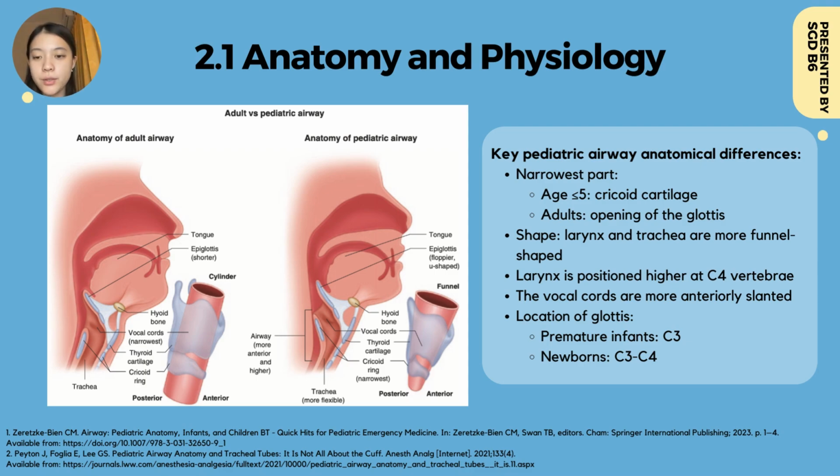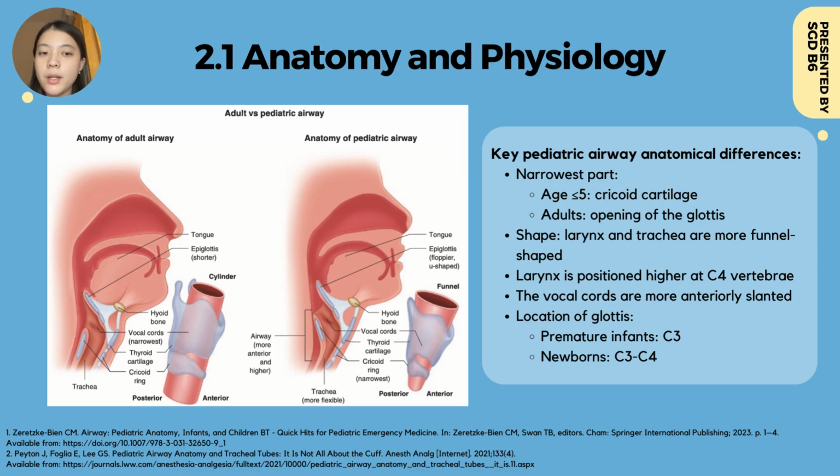My name is Jinkar Susteja with the last digits 080, and I'm going to explain the anatomy of the pediatric airway. There are several key differences, anatomically speaking, in the pediatric airway as compared to adults. In children aged 5 and under, the cricoid cartilage is the narrowest part, whereas in adults, it is the opening of the glottis.